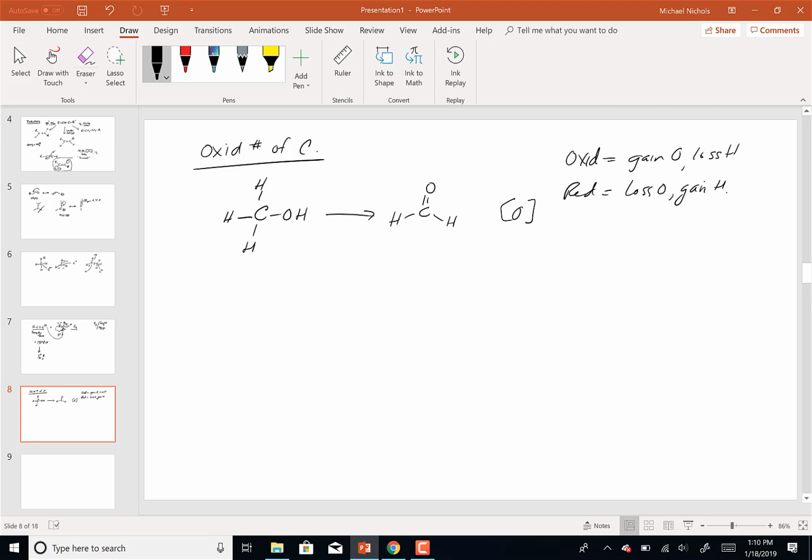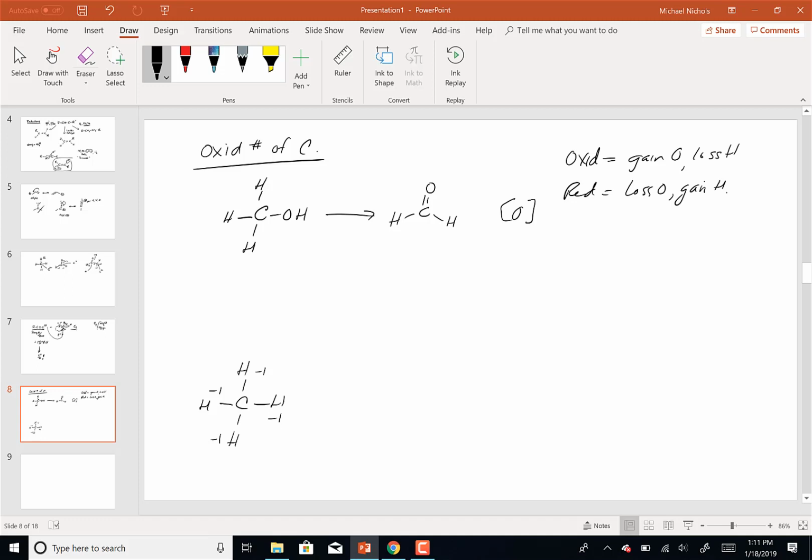So for instance, methane. What's the oxidation state of carbon in methane? Well, is hydrogen more or less electronegative than carbon? Less. And so that means that for each one of these C-H bonds, the carbon's going to pick up 1 electron. And when something gets an electron, it becomes negative.